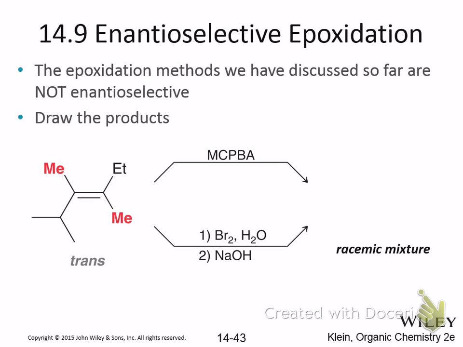Okay, so for asymmetric alkenes, going either route, they say racemic mixture, so they're tipping you off to the answer. One looks like this. Sorry, I'm going to erase that double bond.